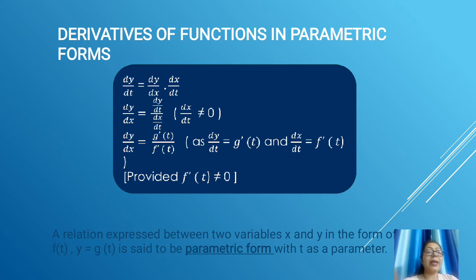Or we can write dy/dx equal to g'(t) by f'(t), obviously f'(t) not equal to 0. So this is the formula, or this part you have to remember to solve parametric form.